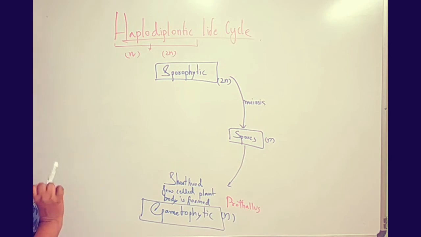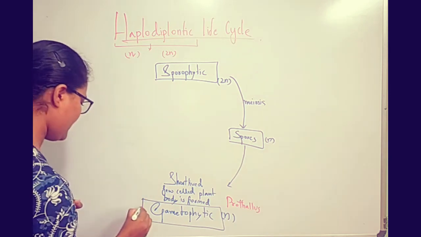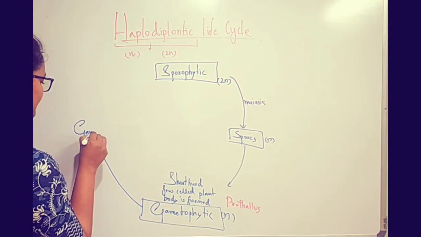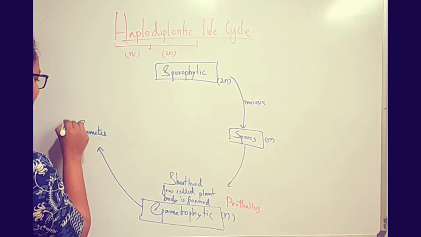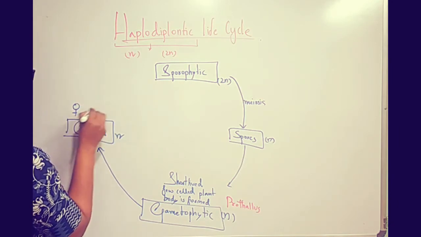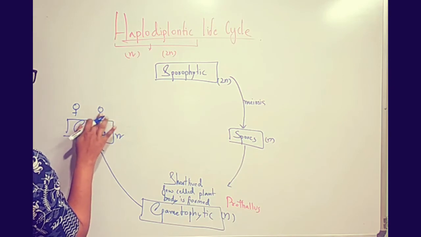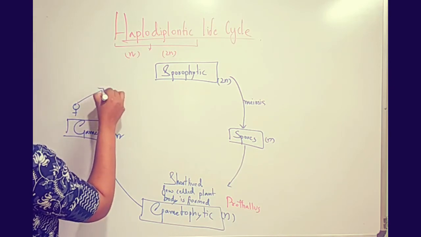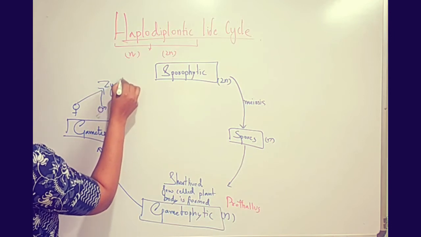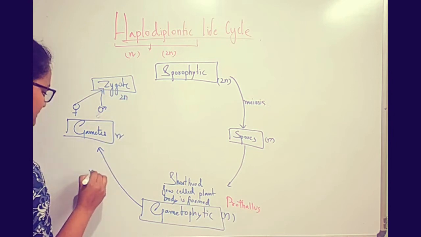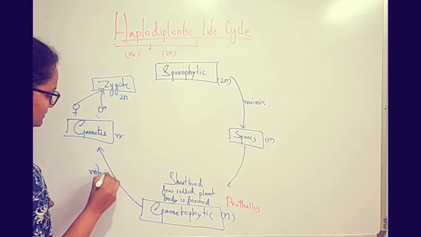Okay, we know after the gametophytic stage what happens. Gametes are formed, which are haploid. What are those gametes? Male and female gametes. These gametes fuse and form what? Zygote, and the zygote is 2n. This we can write with the help of mitosis.